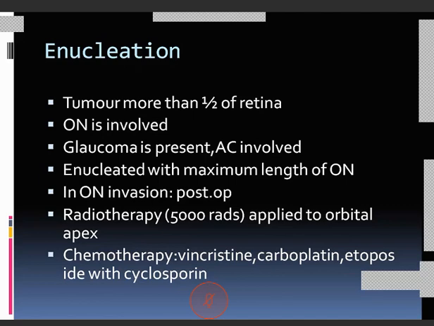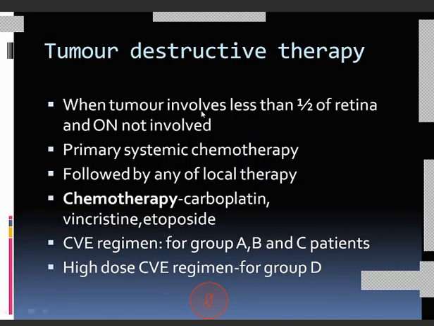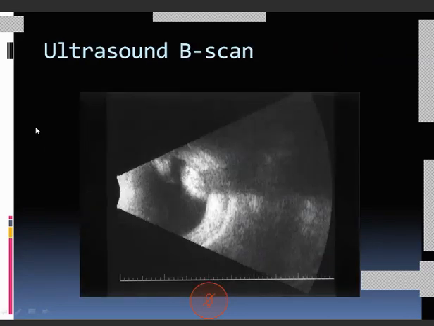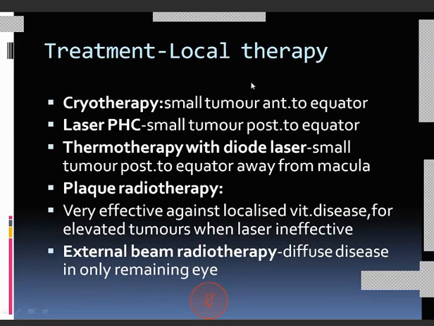First, coming to tumor destructive therapy: when the tumor involves less than half of the retina and the optic nerve is not involved, we can give primary systemic chemotherapy, followed by any of the local therapy. So first one is local therapy.